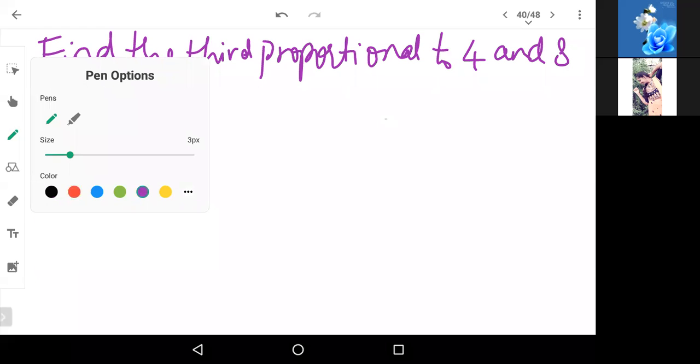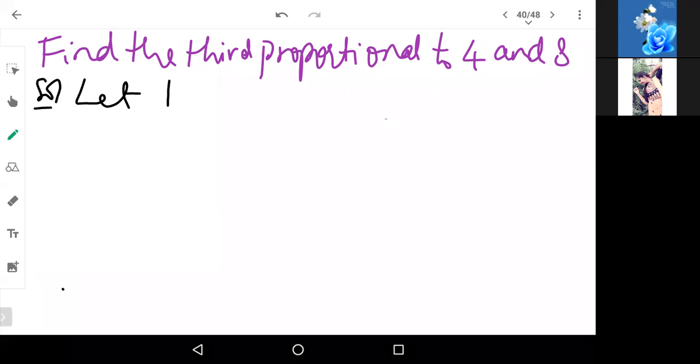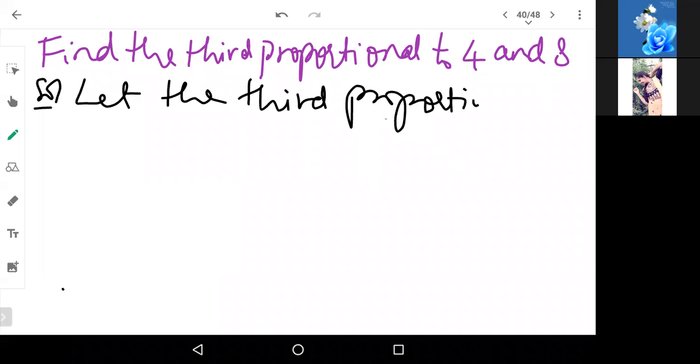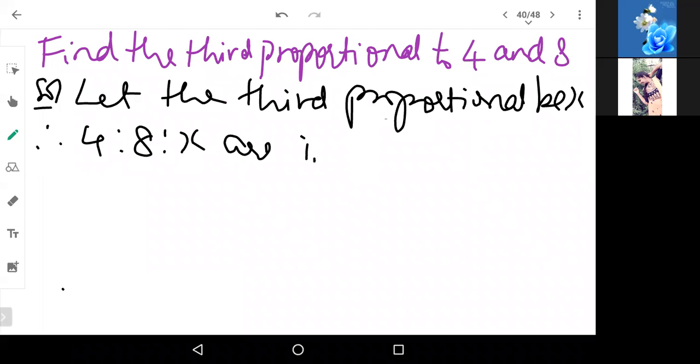So what will be the answer here? Let the third proportional be x. Therefore, 4 is to 8 is to x are in proportion.